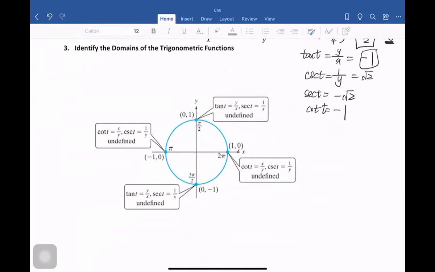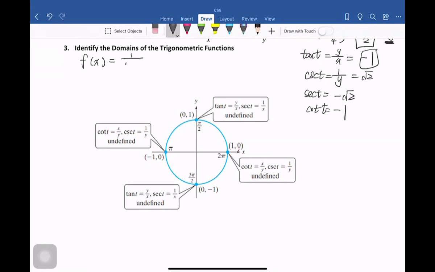Identify the domains of the trigonometric functions. What's the meaning of domain? For example, if I have a function f of x equals 1 over x minus 2, domain means what kind of value x can be. If we choose a value of x that makes the function f of x undefined, it is not in the domain.